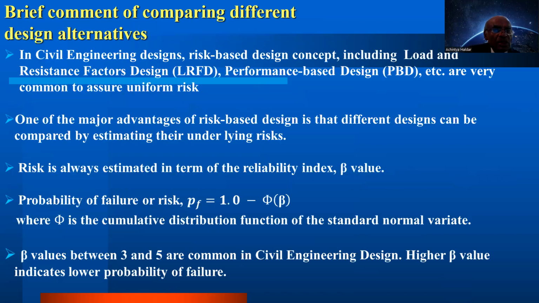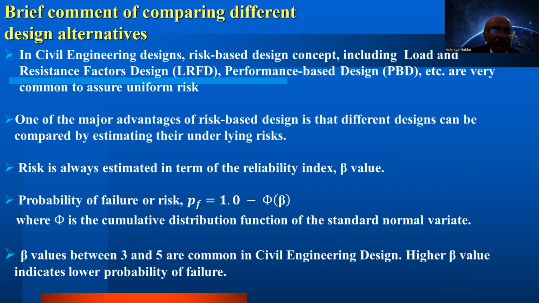Now, before I go forward, I want to compare different design alternatives. All of us know what the load and resistance factor design concept or performance-based design concept is. These are reliability-based design.